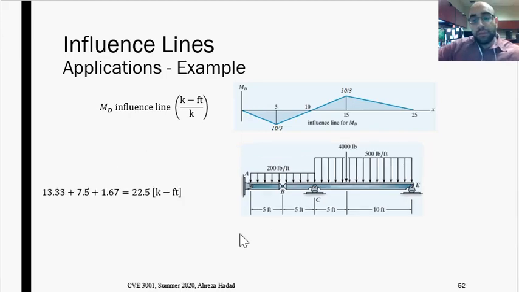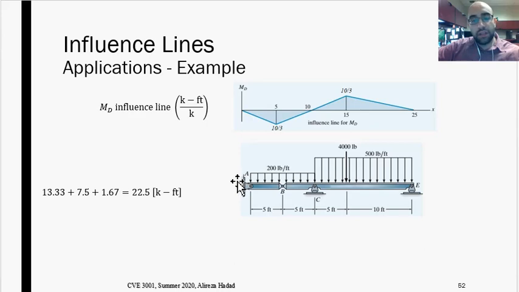Ultimately, we can consider an additional situation: what is the maximum positive bending moment that can be created at point D because of all of these loads, a concentrated moving load of 4,000 pounds, a uniform moving load of 300 pounds per foot, and the dead load of the beam as 200 pounds per foot?